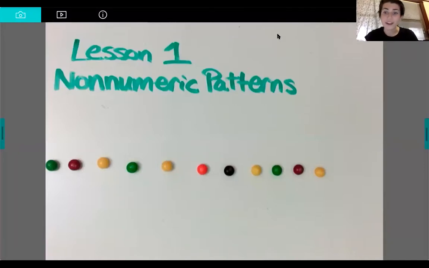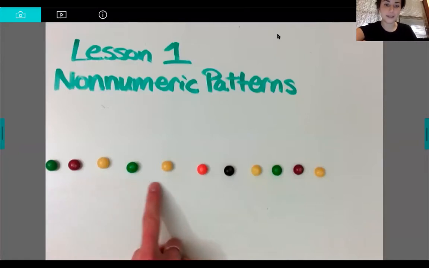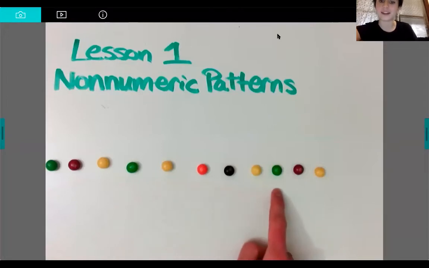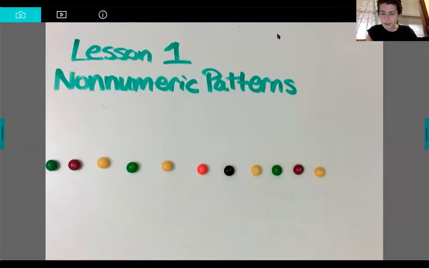All right, now let's look at our second example here of Skittle patterns. I have green Skittle, red Skittle, yellow Skittle, green Skittle, yellow Skittle, orange Skittle, purple Skittle, yellow Skittle, green Skittle, red Skittle, yellow Skittle. Do you see a pattern here? Do these Skittles follow a rule?